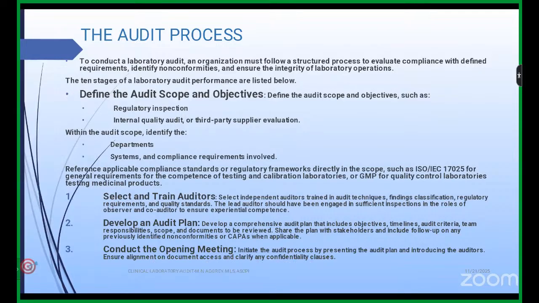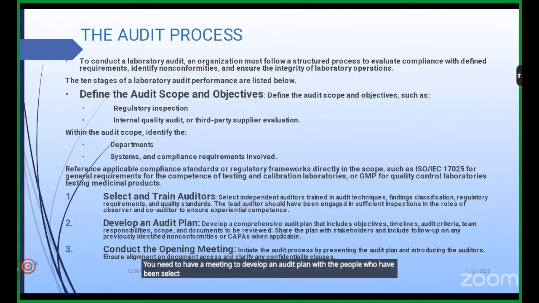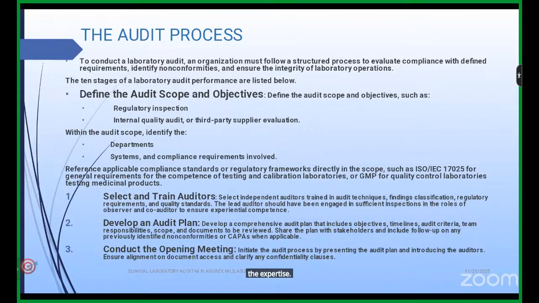After auditors have been trained, you need to have a meeting to develop an audit plan with the people who have been selected, the expertise who have been selected. Develop a comprehensive audit plan that includes objectives of the audit, the timelines.